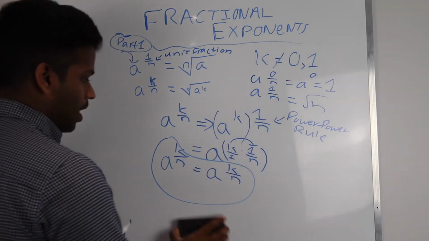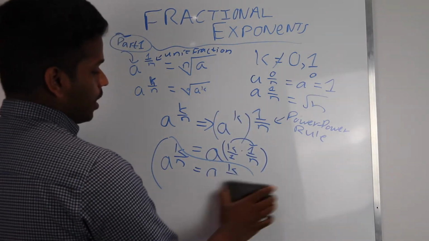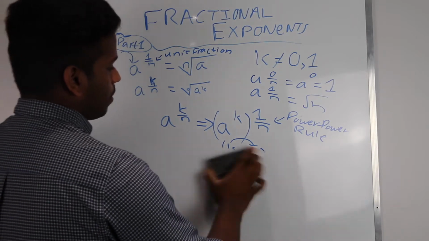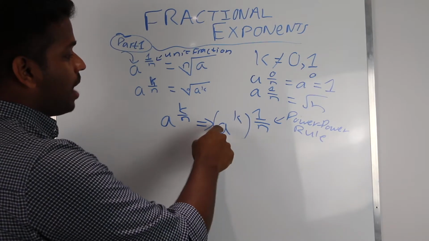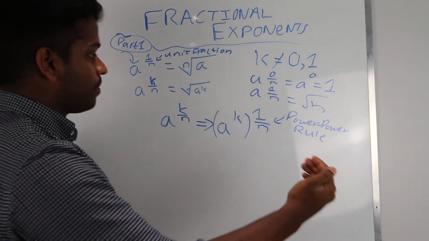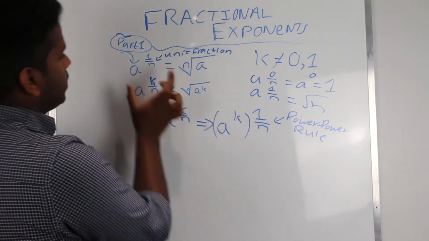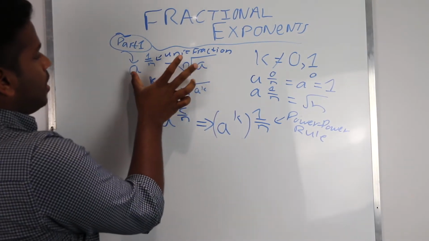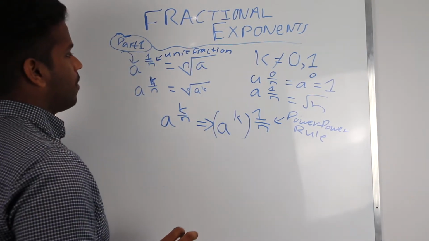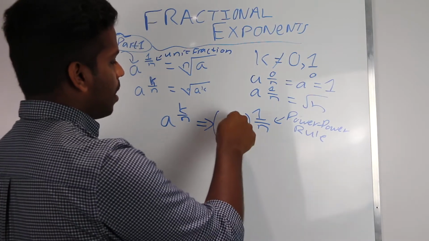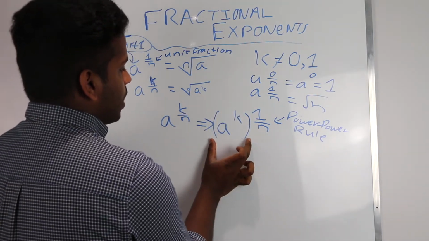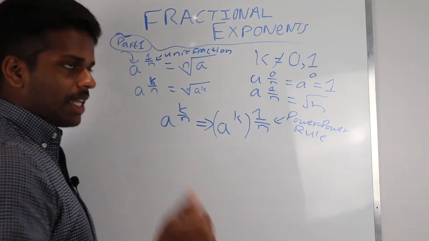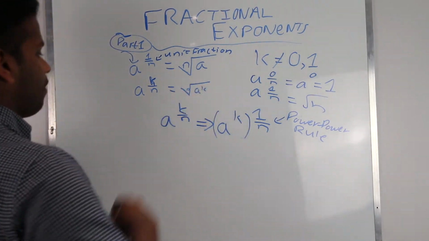Now that we've expressed it in two different ways, notice that we have a unit fraction, but instead of a, we have a to the power of k. Doesn't it look similar to what we did before? Here we're taking a to the power of 1 over n. Now we're taking a to the power of k, in brackets, and raising that to the power of 1 over n. So basically we're doing what we did for unit fractions.